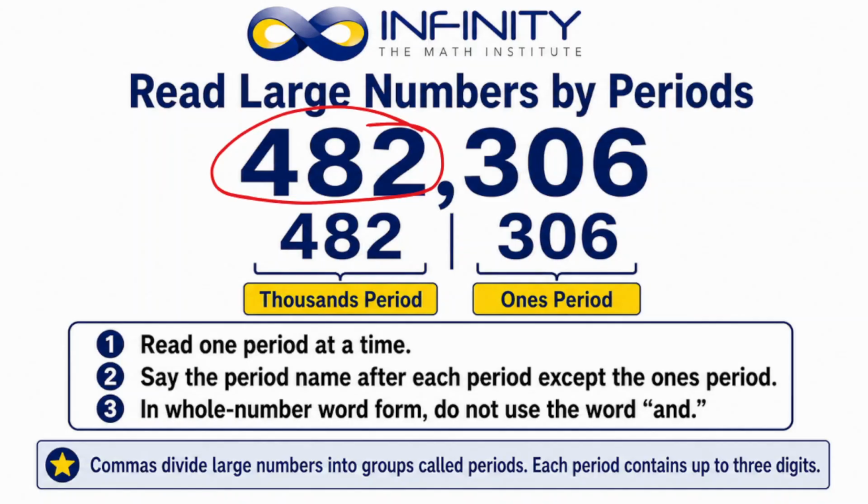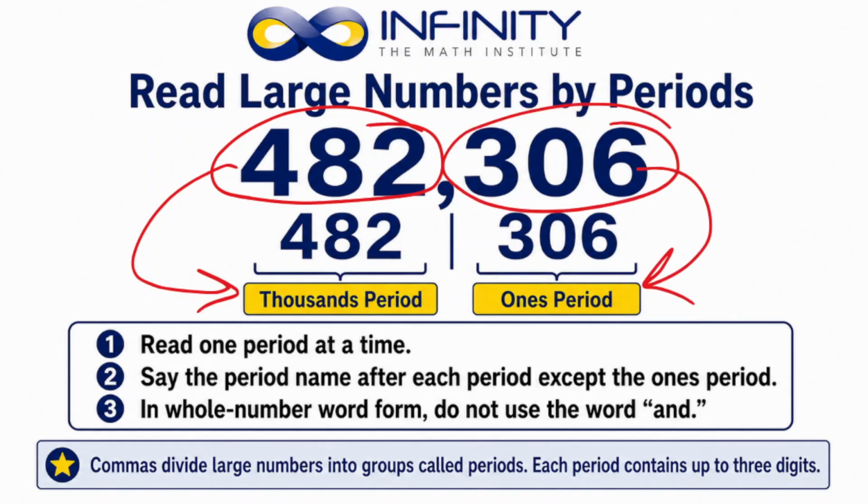So you say 482,306. There's no qualifier for the last one you say. So you say each comma as thousand, like 482, and then you explain which period. The second period is the thousands period, and then the ones period, you just say it regular.